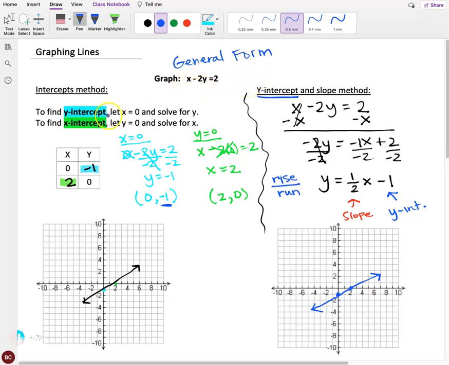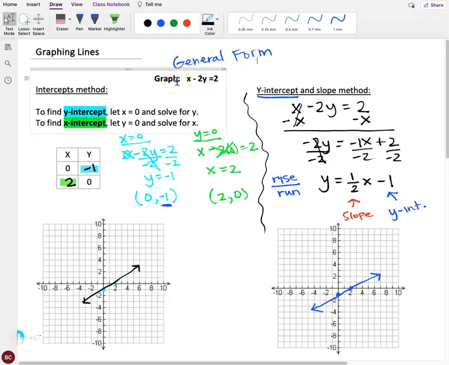And when it's in this form, it can maybe be easier to use this intercept method, but you could still get weird fractions if these numbers don't divide evenly. Like say that there was a 3 in front of the x, and then we'd have to divide it by that 2, you'd end up with a fraction there.